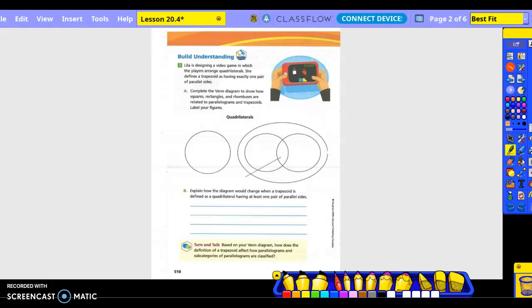Label your figure. Okay, so they want to know the difference between parallelograms and trapezoids. So what would be the title of this one? Parallelograms or trapezoids? The first one would be trapezoids, right?